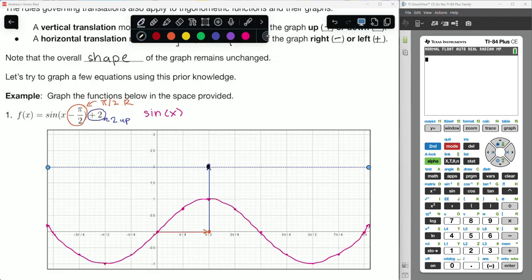And I know the pattern from the y-intercept. Y-intercept, and then it goes up to 0.7 something, up to 1, down to 0.7 something, back down to 0. So 0, and then 0.7 something above the midline, 1 above the midline, 0.7 above the midline, back at the midline.